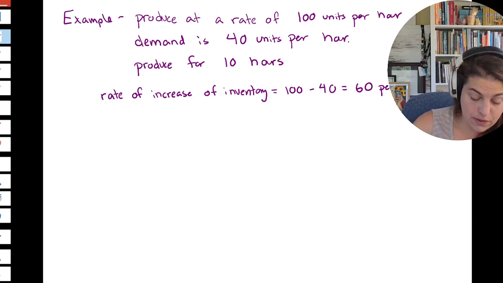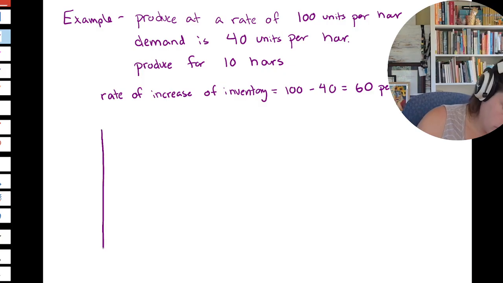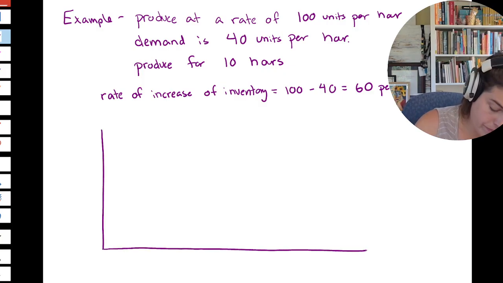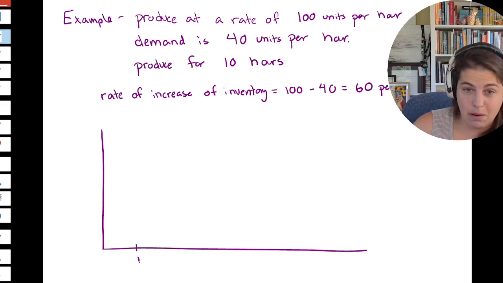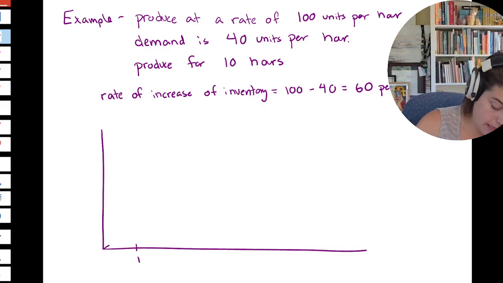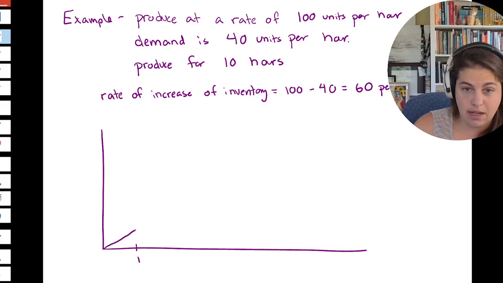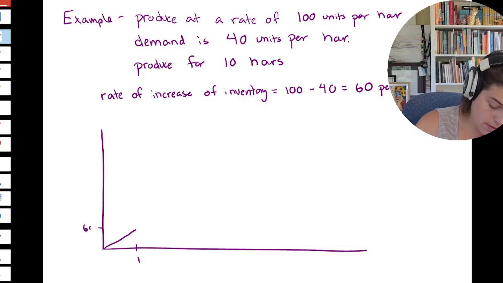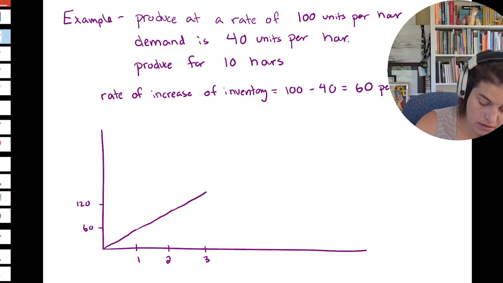So if I produce for 10 hours, after hour one, I would have produced 100 and sold 40. I would be at 60. Then after hour two, I would have added another 60. Three, my inventory is going up again. I'm going to be at 180.